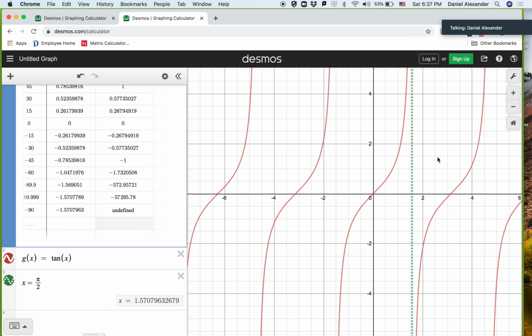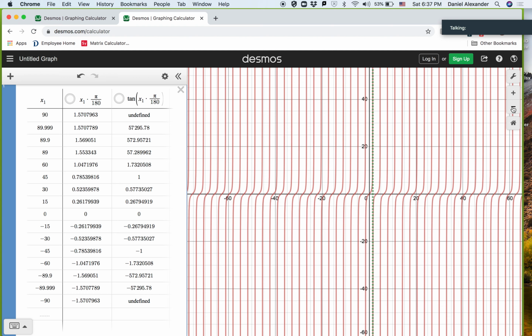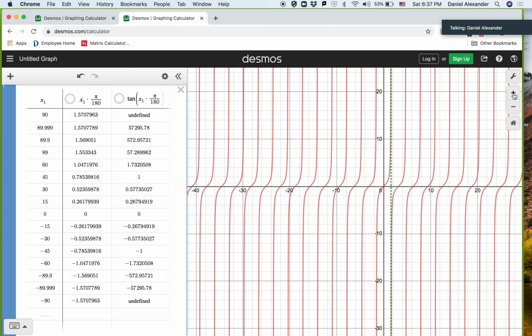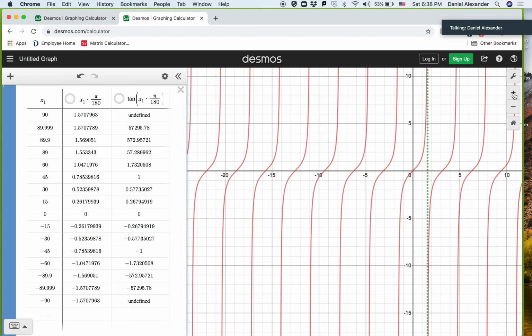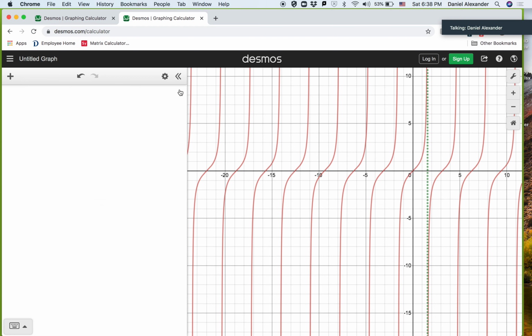And again, I'm just going to zoom out, keep zooming out, and you can see that happening. Start zooming in again. You can see how the tangent graph approaches the line x equals pi over 2. So I'm going to take this out for now. We don't need that anymore.